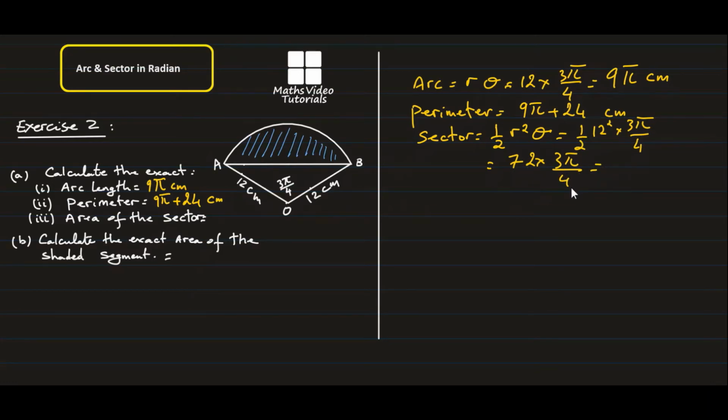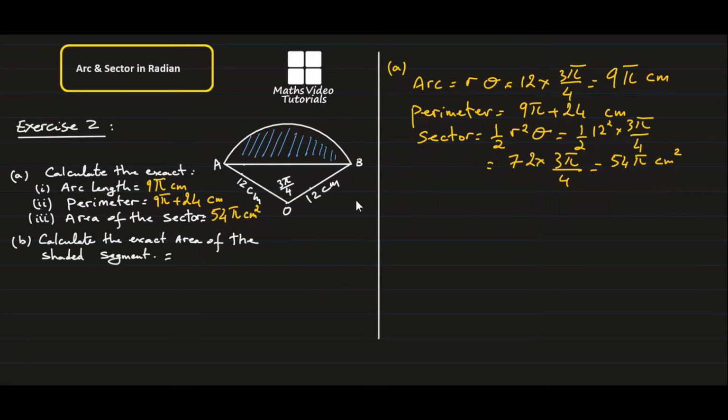Now 72 divided by 4 is 18. 18 times 3 is 54. That's 54 pi squared centimeters. That's the sector. Let's write it down. 54 pi in squared centimeters. You're allowed to use a calculator, of course, but just keep the answer in terms of pi, as we said earlier.